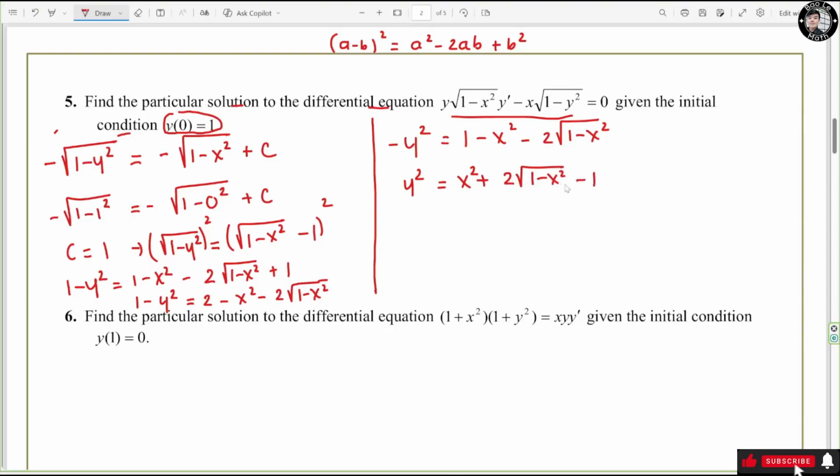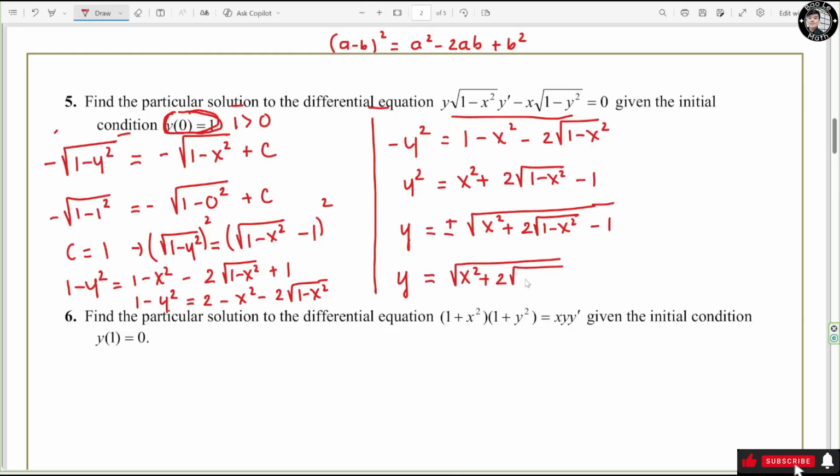I'm going to take the square root of both sides, so I have y equals plus and minus square root of s squared plus 2 square root of 1 minus s squared minus 1. Now, since the initial condition right here is 1, which is positive, I'm going to pick the positive value. So y equals positive square root of s squared plus 2 square root of 1 minus s squared minus 1.